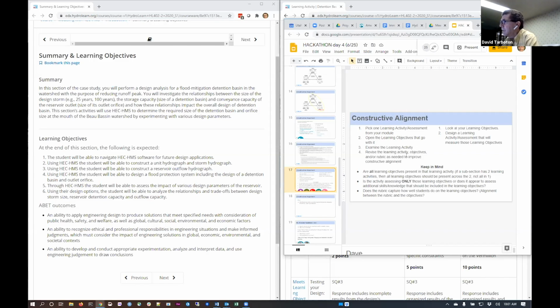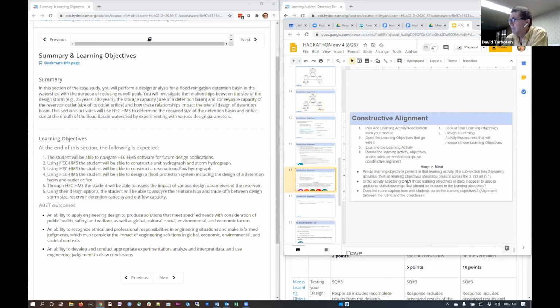Examine the activity and maybe revise the learning activity objectives and rubric as needed to improve constructive alignment. And keep in mind that learning objectives should be present in that learning activity.